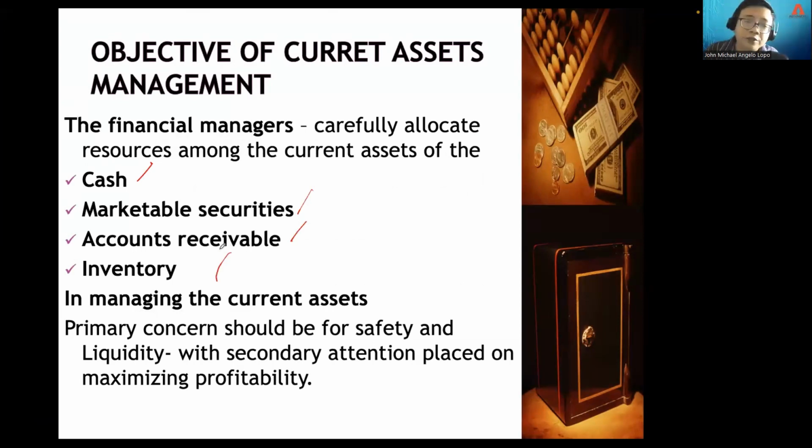The objective of current assets management, if you are a finance manager, since this is part of financial management, is to carefully allocate resources among your cash, marketable securities, accounts receivable, and inventory. That's your goal, class.